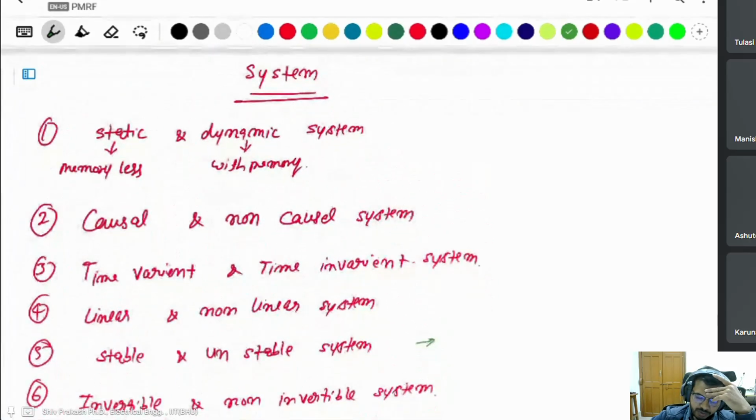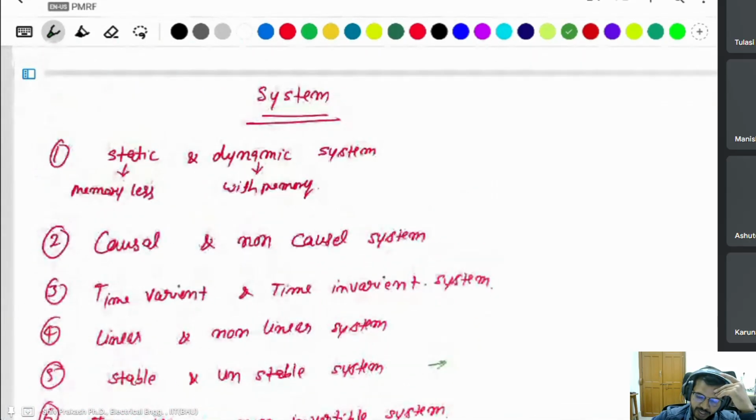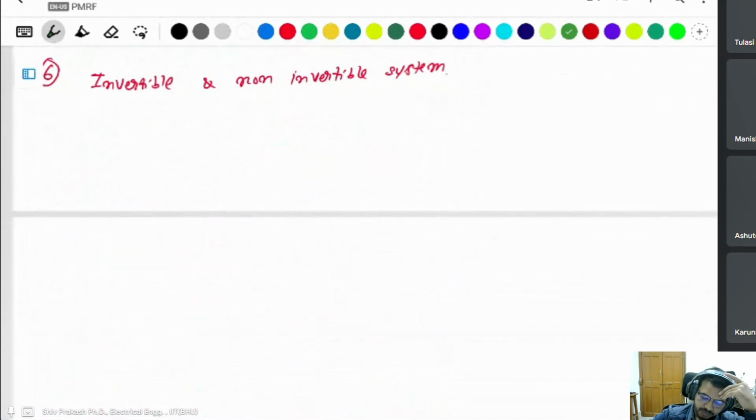Okay. First one is static and dynamic system. A static system is one where the output at any instant depends only on the present value of the input, not any past or future value.